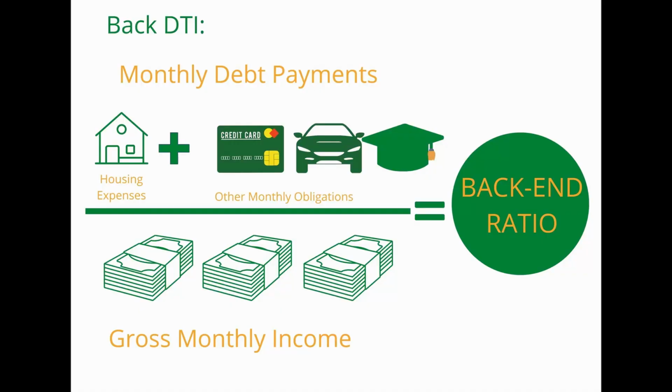How do you calculate your DTI? Well, there are two types of DTI, back-end ratio and front-end ratio. The back-end ratio is calculated by adding together all of your monthly debt payments and dividing the sum by your monthly gross income.